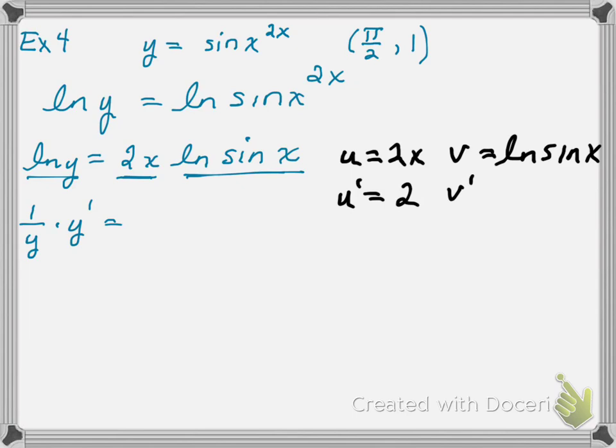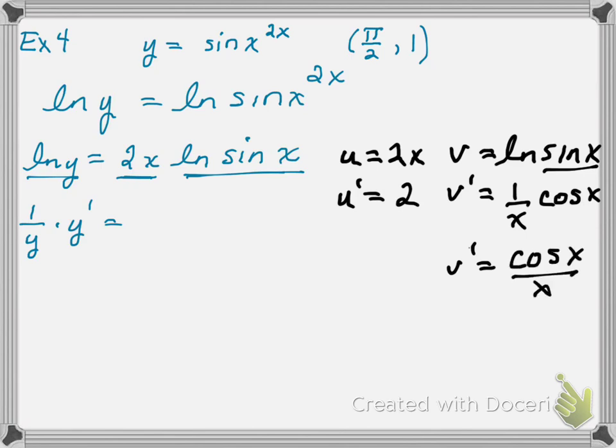But v prime is a logarithm, and we just looked at the logarithmic derivative. It's 1 over the object of the logarithm times the derivative of this, because it's more complicated than just an x, so applying the chain rule. So basically it's going to be 1 over sine x times the derivative of sine x, which is cosine x. Or you could write v prime as cosine x over x.